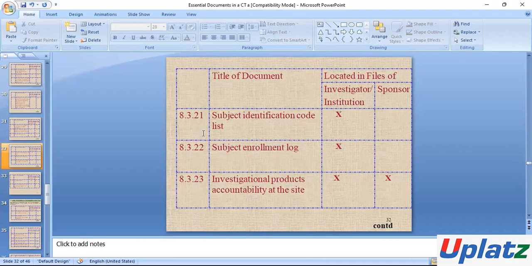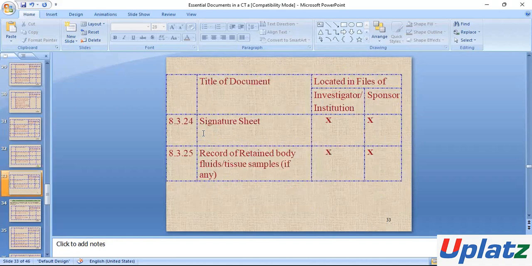This code list is again important in case there is unblinding of the trial. Then the subject enrollment log, investigational product accountability at site, then signature sheet, record of retained body fluids or tissue samples, if any. This is especially for cancer trials if there are any tissue samples taken.